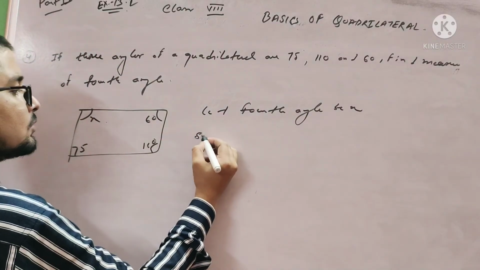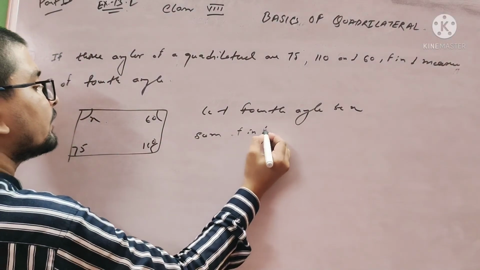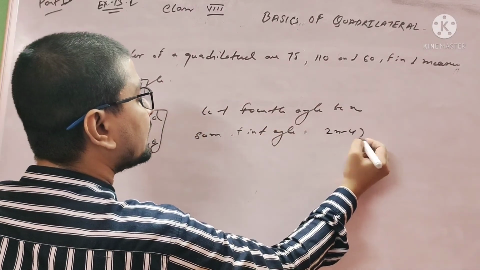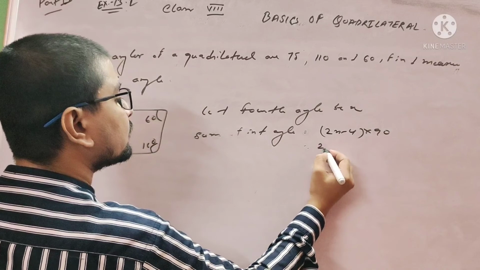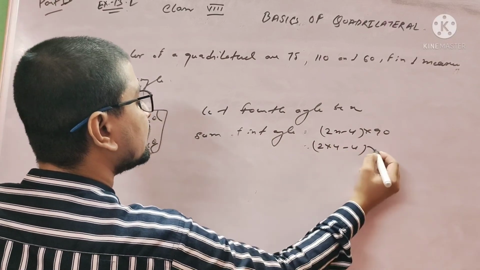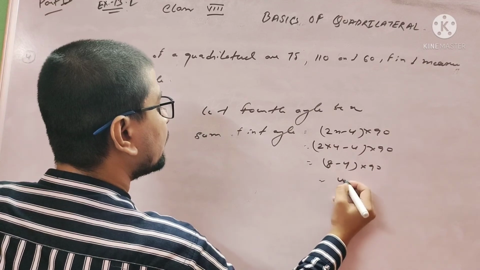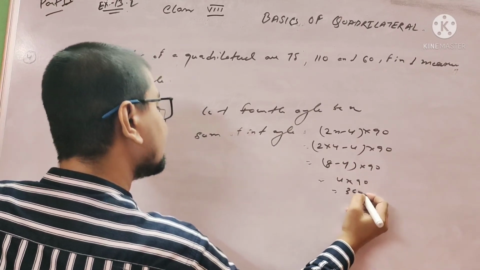Sum of interior angles equals (2n minus 4) into 90. So 2 into 4 minus 4, 8 minus 4, into 90, so 4 into 90, that is 360.